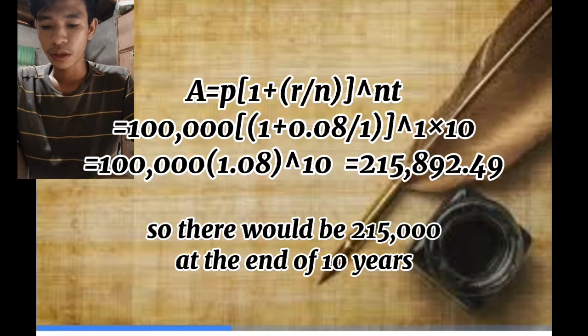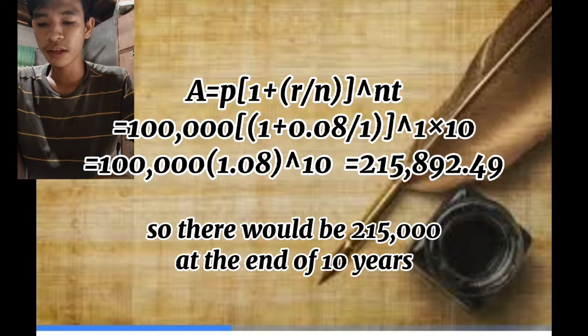So, A equals P times 1 plus r over n raised to nt. Let's input their values first, guys. So, we have A equals 100,000 times 1 plus 0.08 over 1 raised to 1 times 10. Let's solve this first, guys.